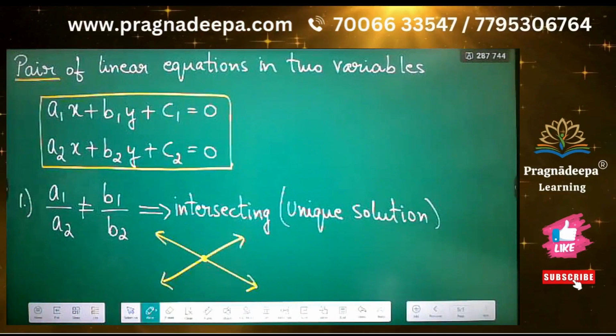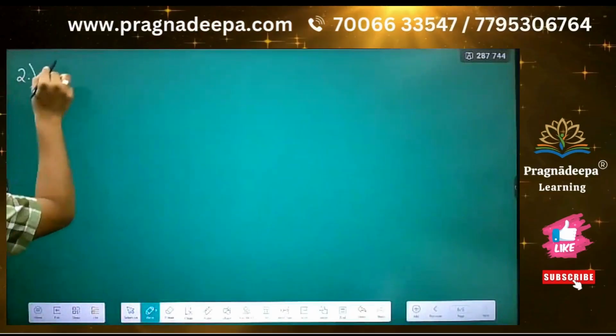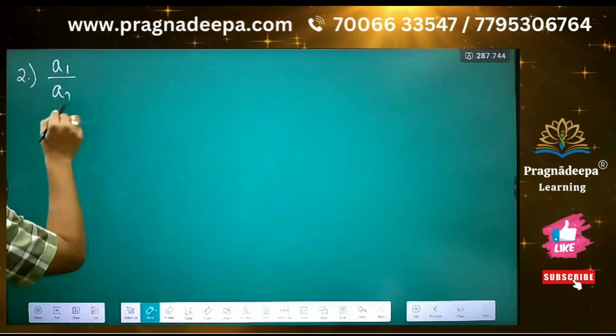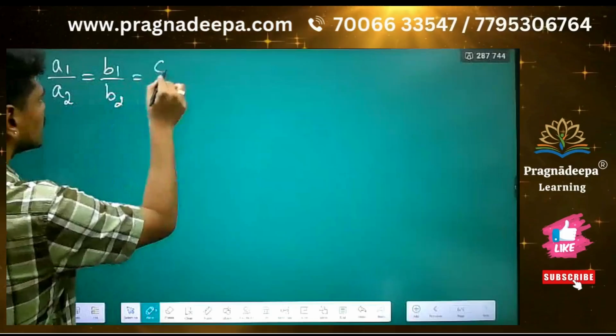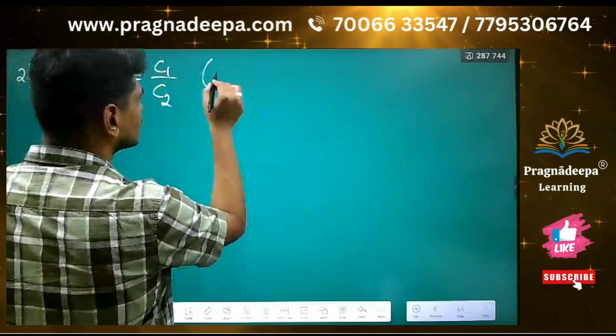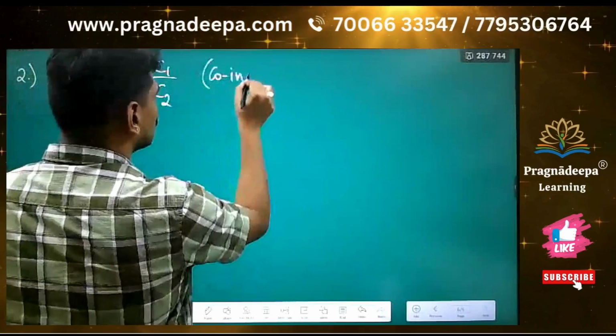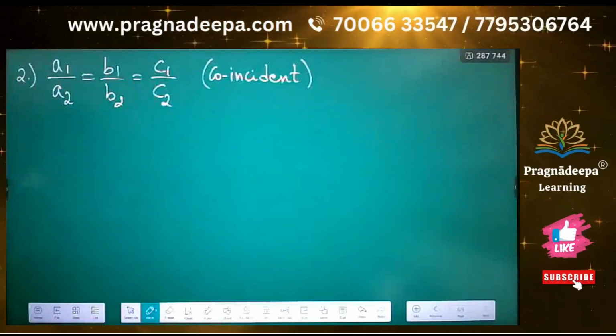This is the first situation. What is the other situation? a1 by a2 is equal to b1 by b2 is equal to c1 by c2. Then the lines are coincident. What is the meaning of coincident?